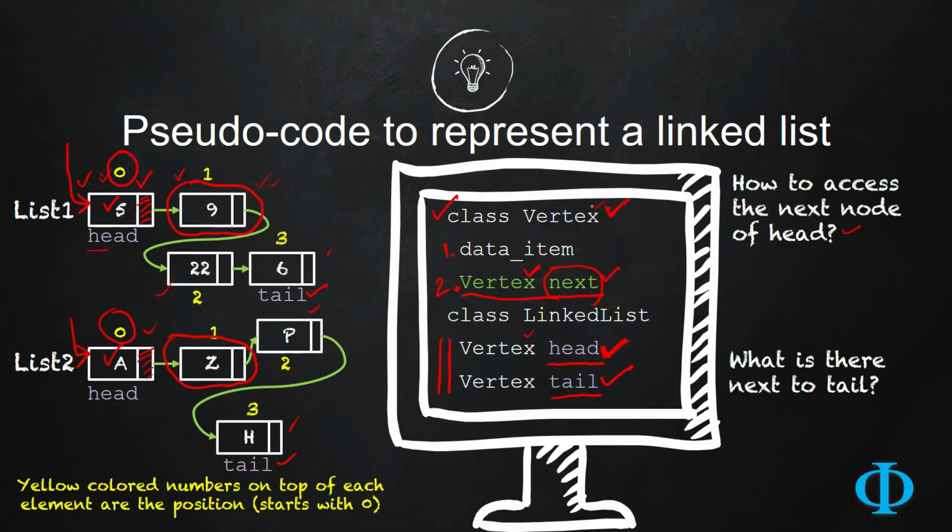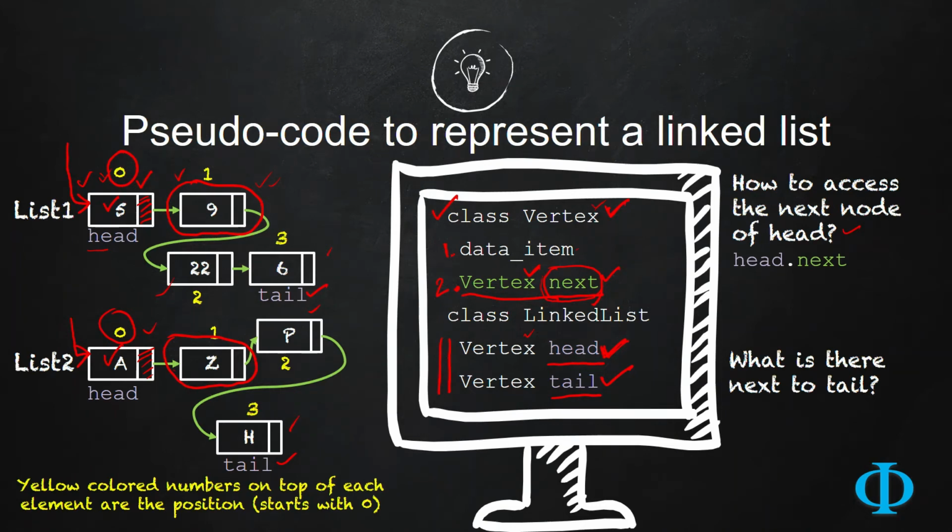Inside this vertex there is the pointer next to the next element or next node or the next vertex. So you can just use head.next to represent the next element in the list or next vertex of the list.